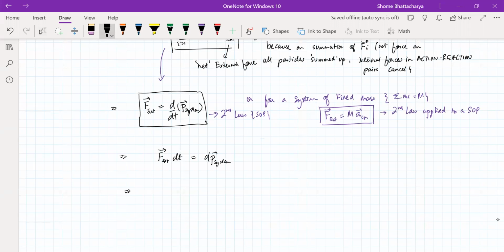So we integrate this now during a certain time interval. So this becomes the change in momentum of the system during a certain time interval is equal to the impulse due to the net external force. Force integrated over time, as you know, is the impulse due to the force.